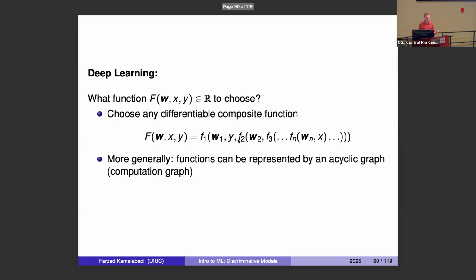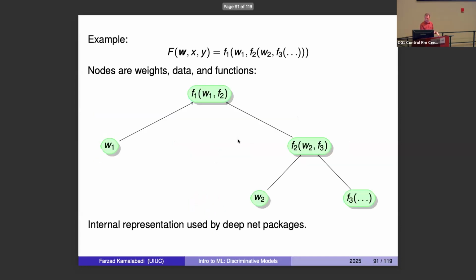That's the first thing. The second thing is that we want it to be in a particular form that corresponds essentially to an acyclic graph, in the form of differentiable but also composite functions, so that the general function has a graph structure, something that's known as a computation graph. And I'll show you an example of what that looks like.